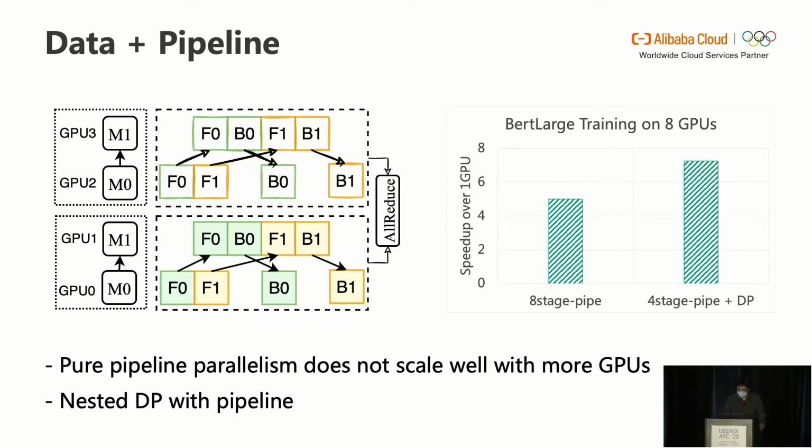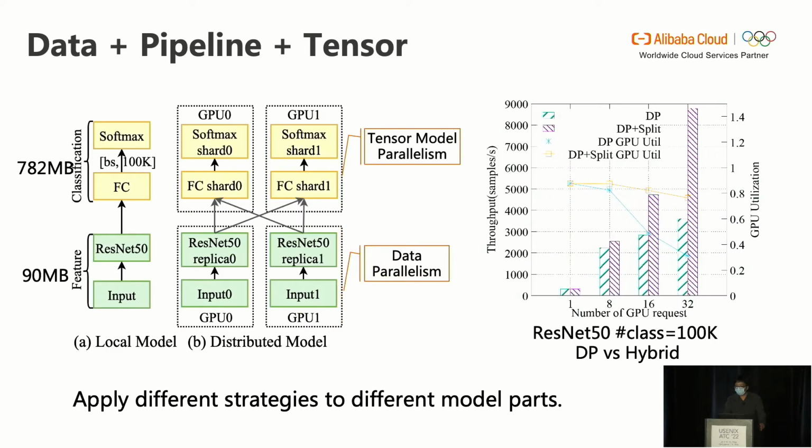In our experiment of very large training, we observed that combined pipeline with 4 stages and data parallelism achieved higher speed up than pure 8-stage pipeline. Moreover, different parallel strategies can also apply to different model partitions for the hybrid.